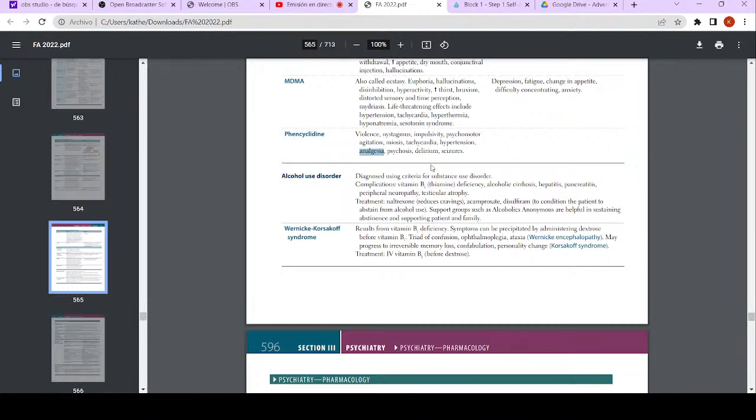The high yields for these questions are hypertension, nystagmus and violent. Agitation, meiosis, tachycardia, psychosis, delirium, seizures you can see in other ones, and violent could be in alcohol too, but nystagmus and hypertension are the most high yield.